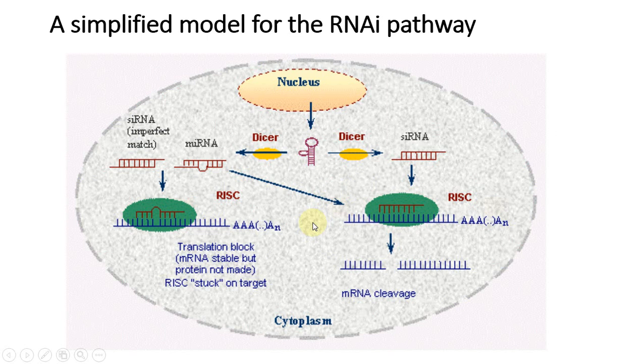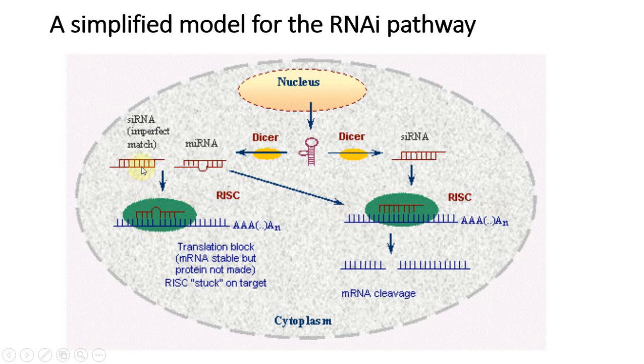This is the RNAi pathway. So this is inside the nucleus. The hairpin structure or stem loop structure RNA is formed. Dicer enzyme cuts this double-stranded RNA into short RNA fragments known as small interfering RNAs.